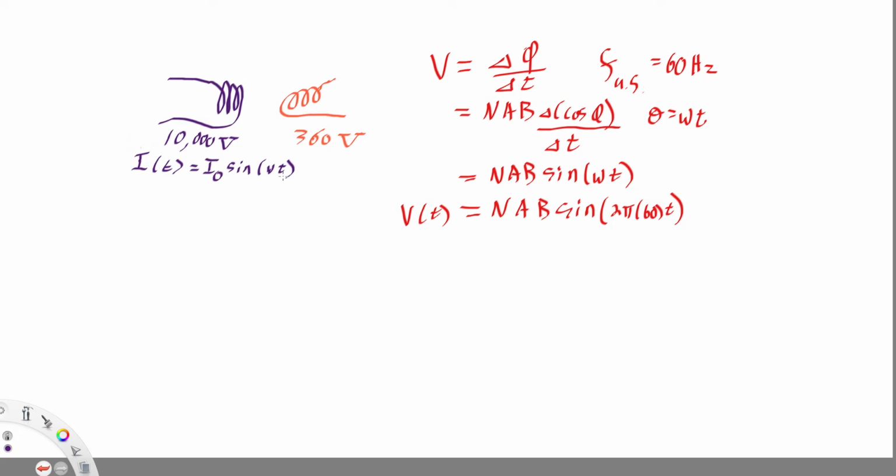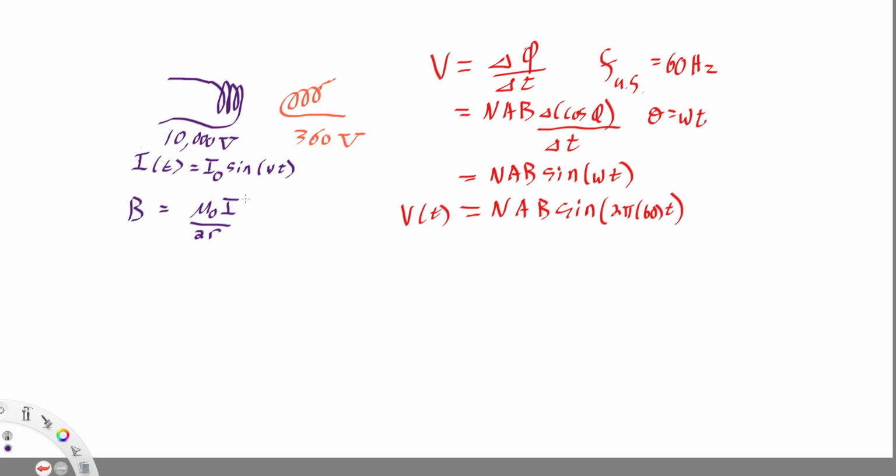Right, so it's a varying current. Because this current is varying, the B field that the current produces is also varying. Remember, the B field for a current in just a single piece of wire is equal to mu naught I over 2R.